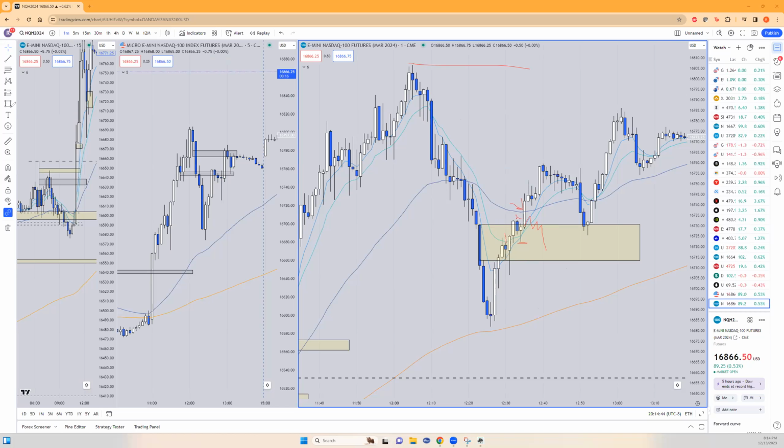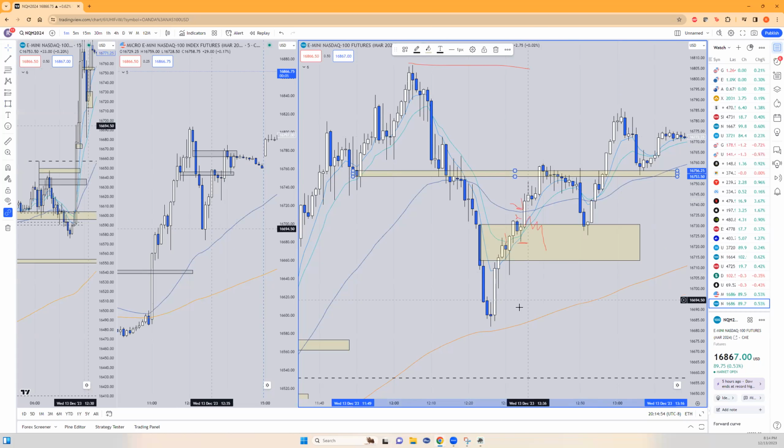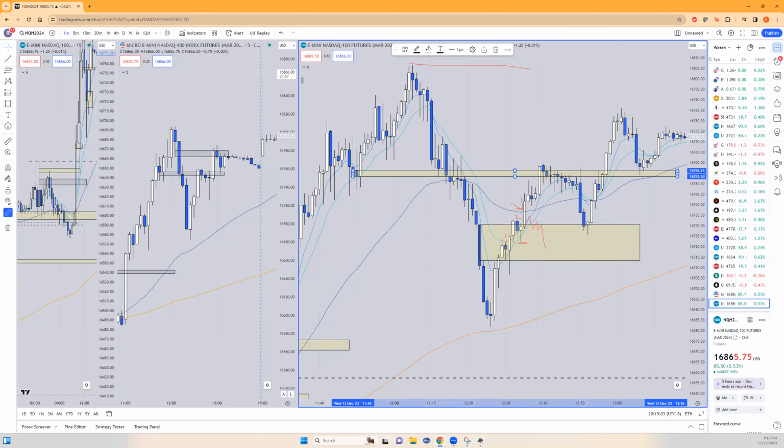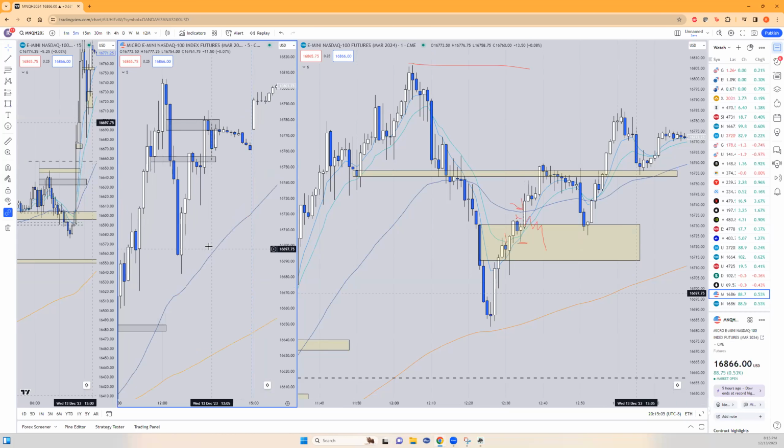Now, let's go back to something that we talked about a little while ago. This TP on the triple divergence. I want you to notice how the candles play off of that spot. And I want you to notice how you see right here on the 5 minute, you have a candle and then nothing in between these two up until this wick.